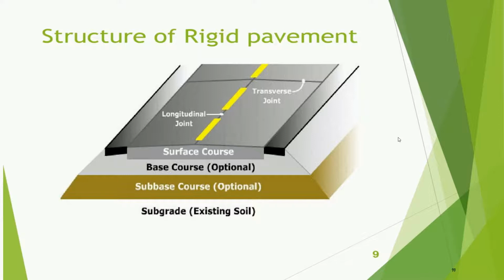So this is all about the flexible pavement and rigid pavement. I hope students you can understand the basic difference between the various cross sections of the flexible pavement and rigid pavement.